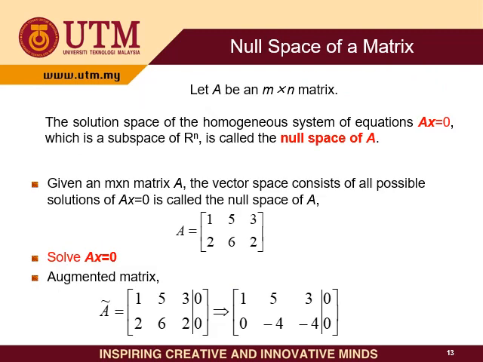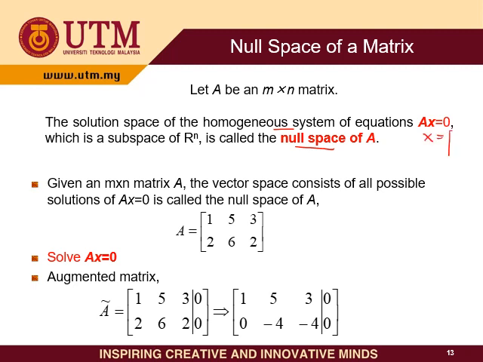Now we come to the next one, which is the null space of a matrix. Let's say A is an m by n matrix. The solution space of the homogeneous system of equations Ax equal to 0, please recall what a homogeneous system is from our previous class, which is a subspace of Rn, is called the null space of A. Basically, we must find the x here.